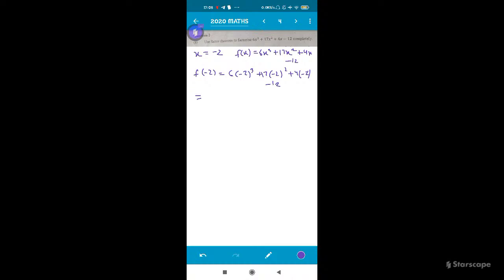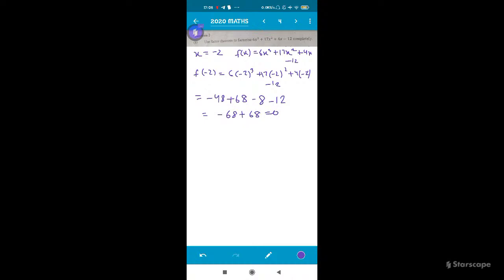So 6 into minus 2 whole cube will give you minus 48. Then you will have 17 into minus 2 whole square, that means 17 into 4, which will give you plus 68. Then 4 into minus 2 is minus 8 and minus 12. So we will have minus 68 plus 68, which is equal to 2. Sorry, which is equal to 0.